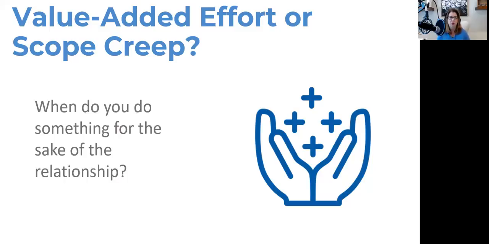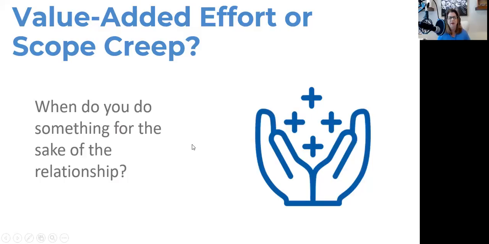Occasionally, I'll be asked to review a reapplication or review a grant evaluation section, or maybe even write that little section. And I will do that. And sometimes I don't charge for that. If it's a long-term relationship, if it's a relationship that I've had for a while, I'm pretty sure we're going to keep going, and I really like them, right? I want to keep that relationship.